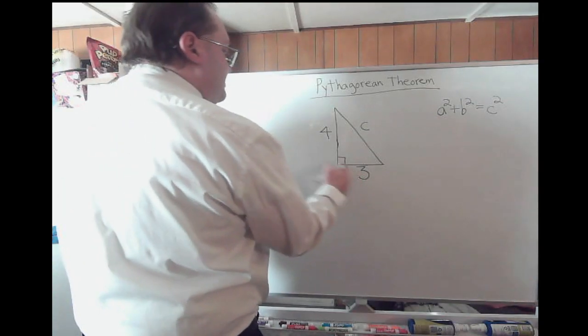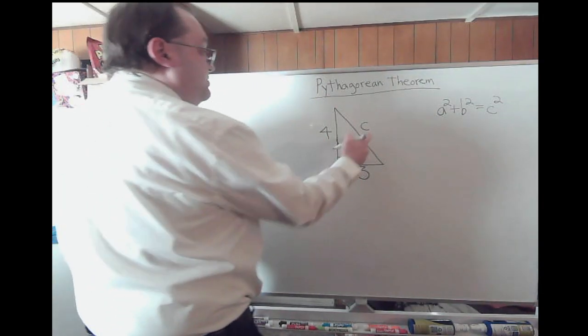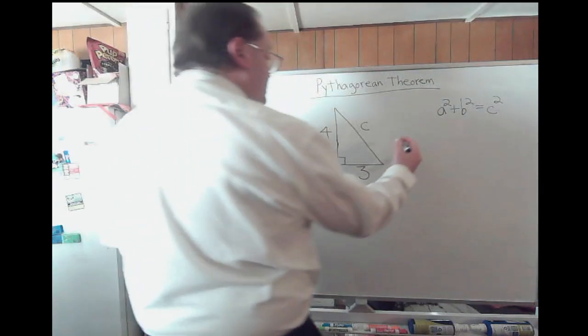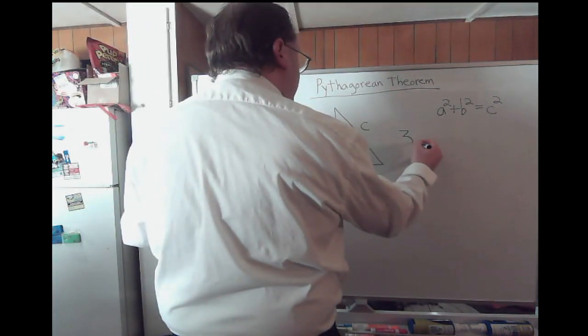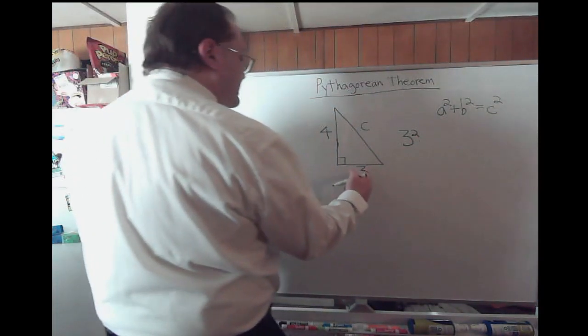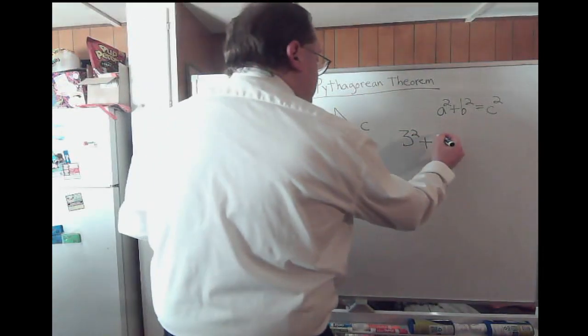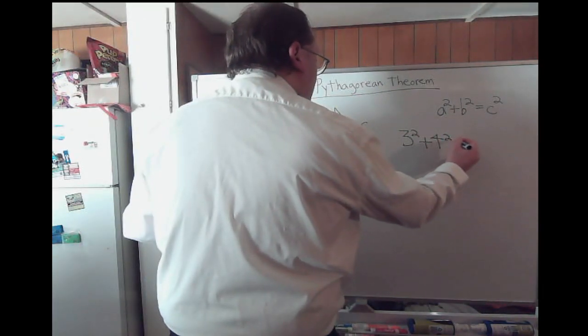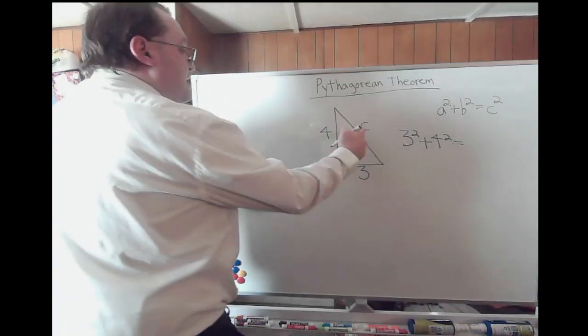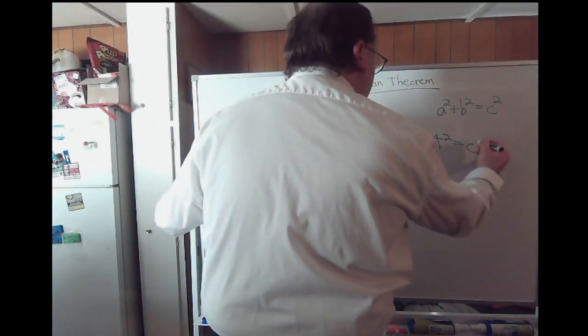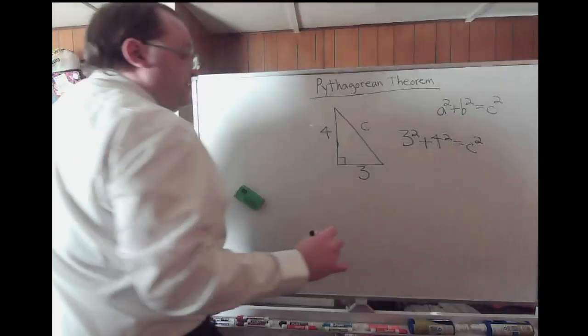We're going to have A being 3, B being 4, but we don't know C. Well, what we can do is take the A squared, which in this case is 3 squared, plus that 4 squared, which is B squared, and we can set that equal to the length of the hypotenuse, C squared. We don't know what C is, but that's okay.